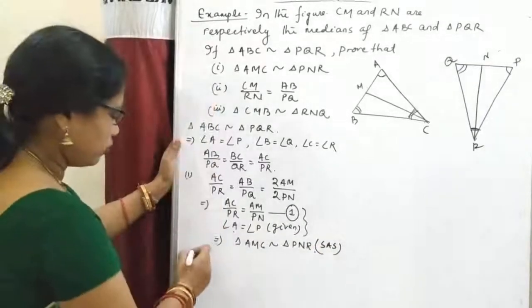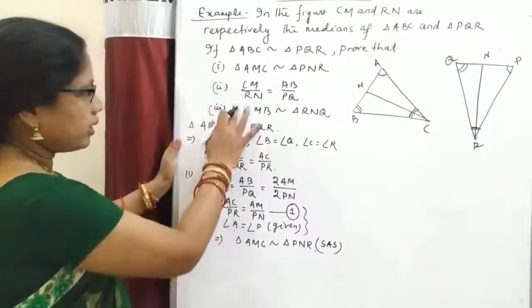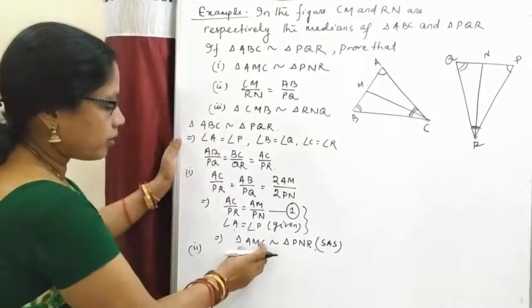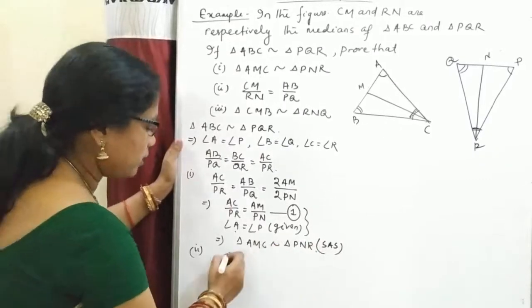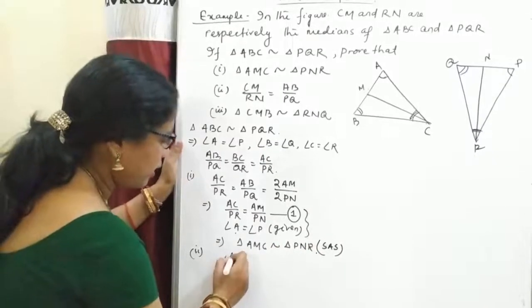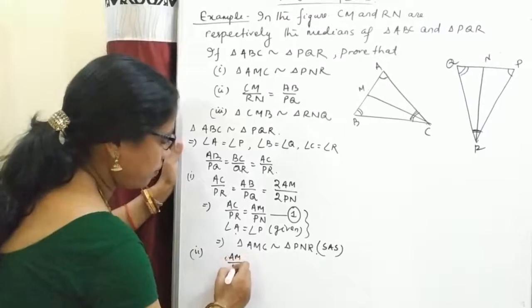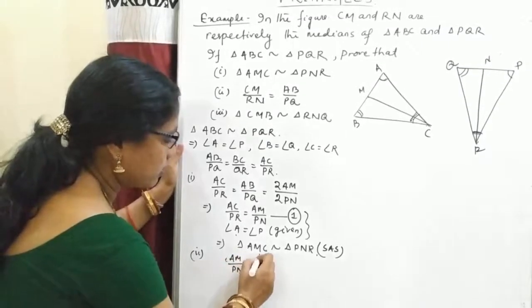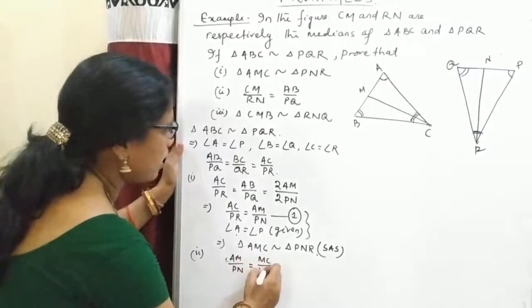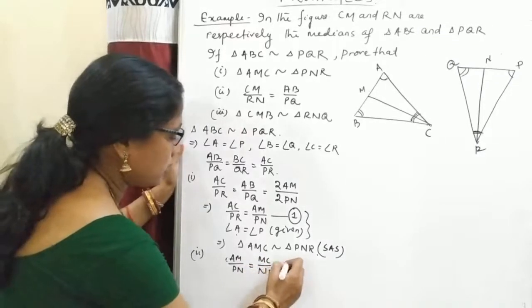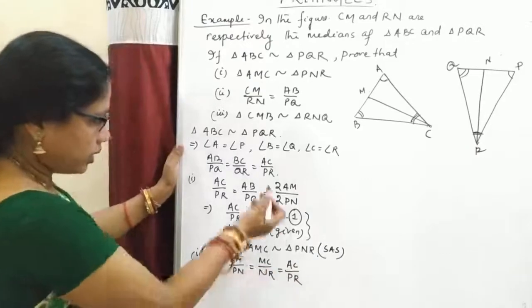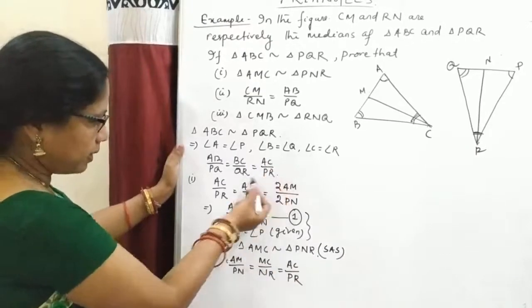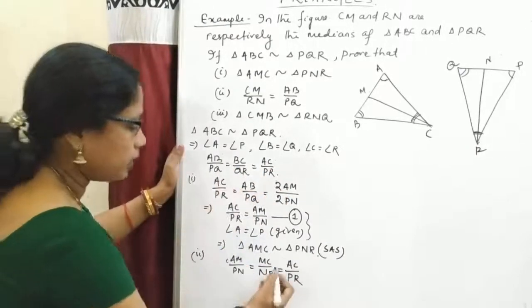Then part 2, CM by RN. From these two triangles, as they are similar, we can write AM by PN is equal to MC by NR is equal to AC by PR. But it is given that AC by PR is equal to AB by PQ.